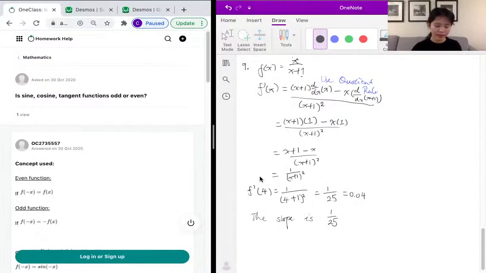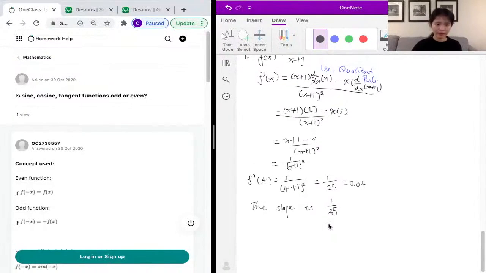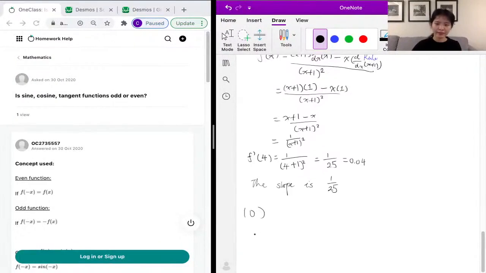So next up, it asks us whether the sine, cosine, and tangent functions are odd or even. You could have preliminary knowledge and just say that the sine function is odd, the cosine function is even, which makes the tangent function odd.